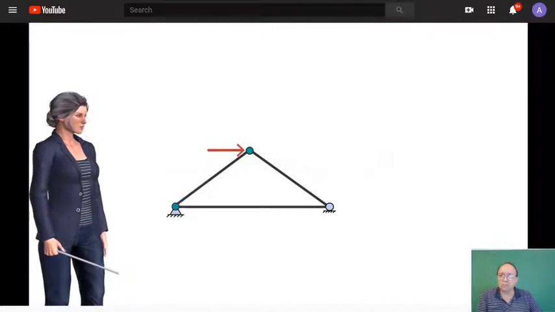As you just saw, we can identify the zero-force members in a truss using qualitative analysis. The analysis involves using a simple principle.